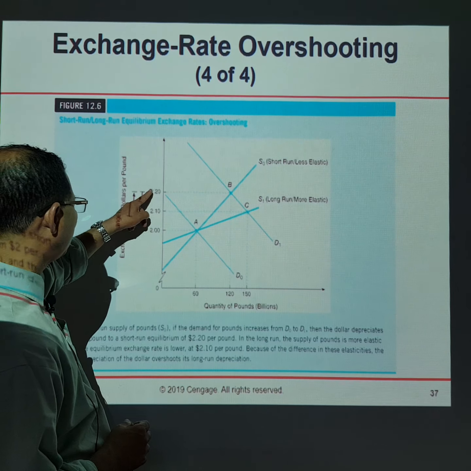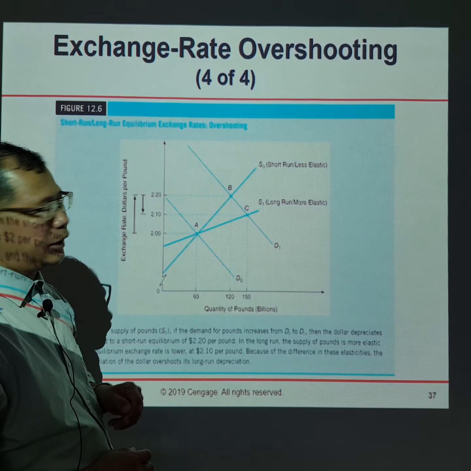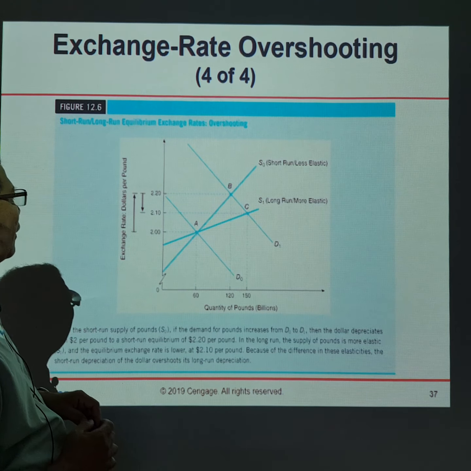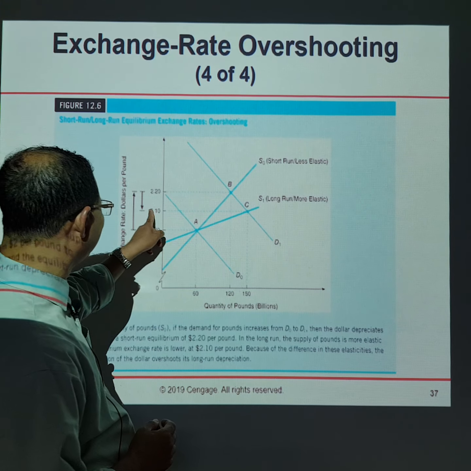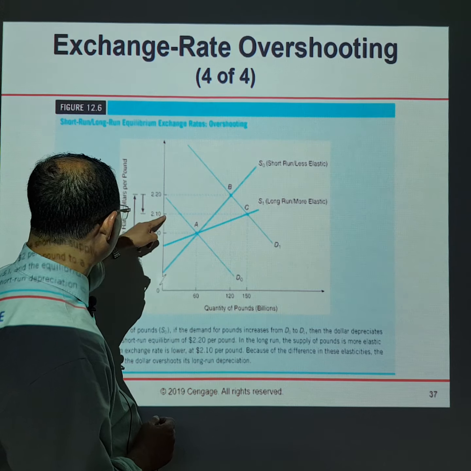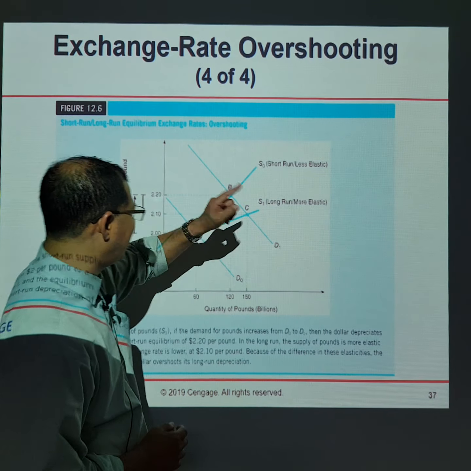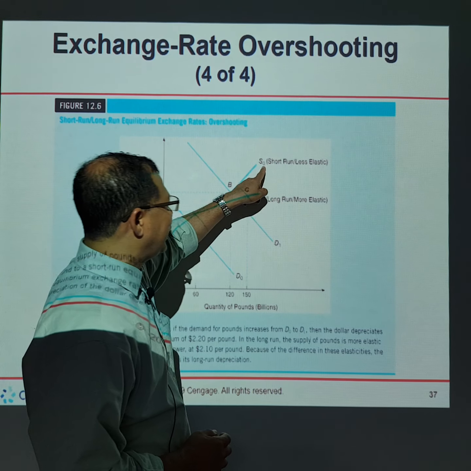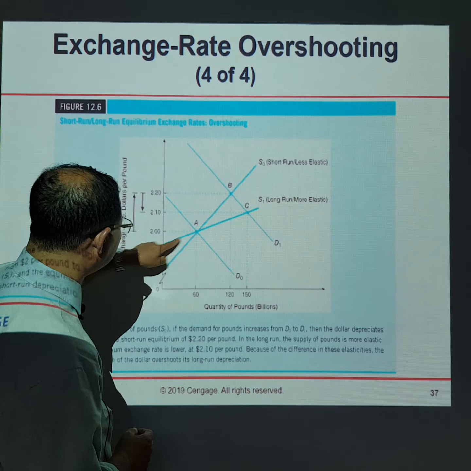Depreciation in the US dollar from $2 to 220. So overshooting there. However, in the long run, because the long run is more elastic, it's going to come down to 210. So here is overshooting in the short run, because short run supply is less elastic. Long run supply is more elastic.